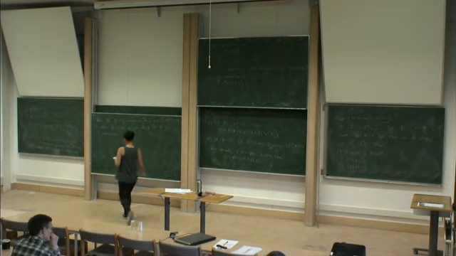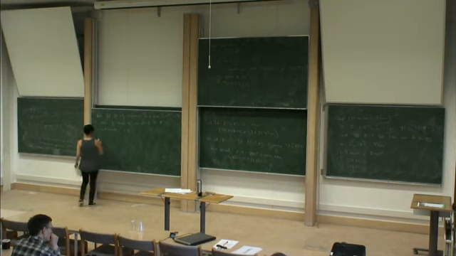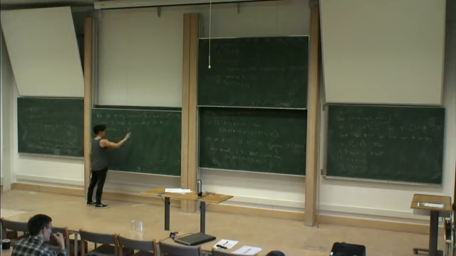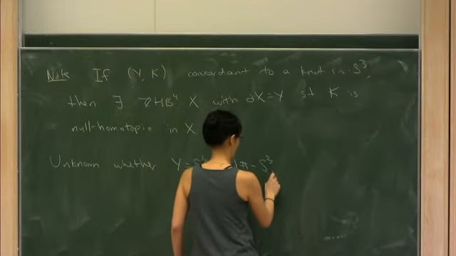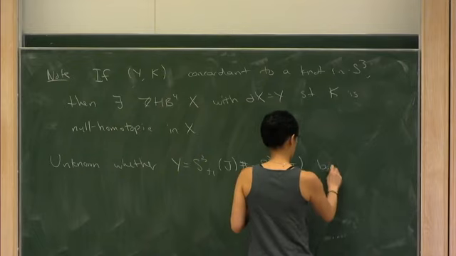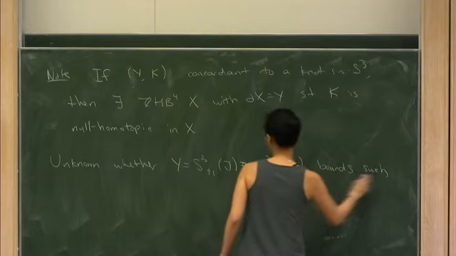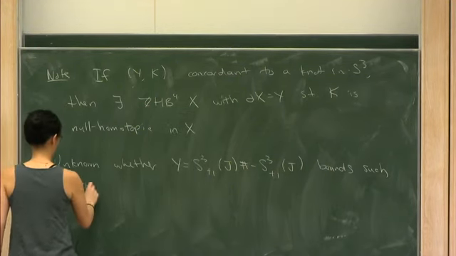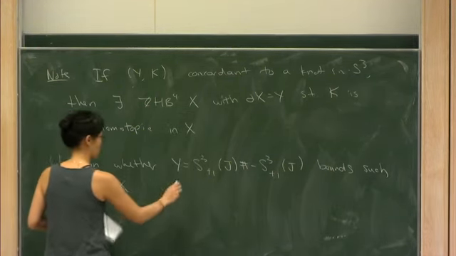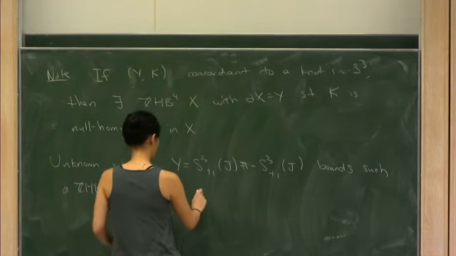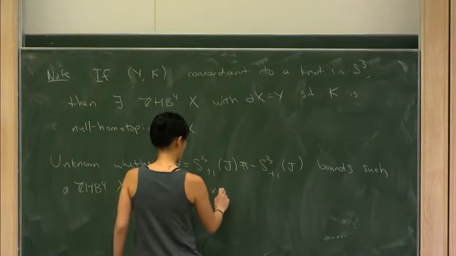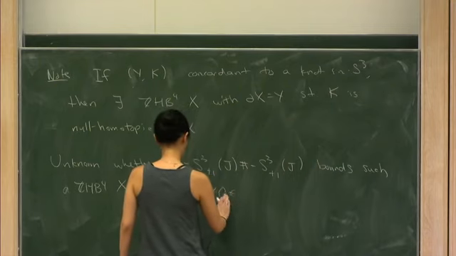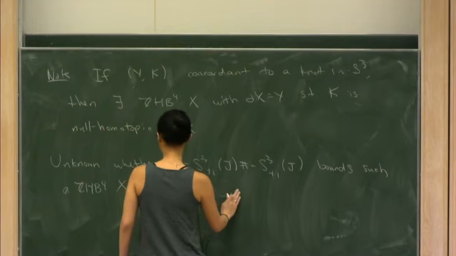So it's unknown whether that manifold Y bounds such an integer homology ball X with K sitting in here, such that K is non-zero. Anyway.